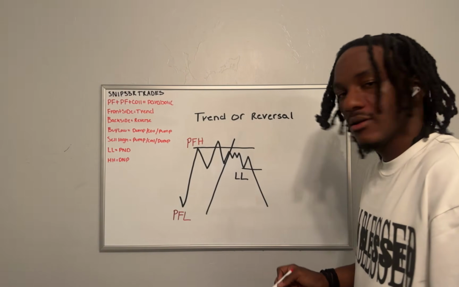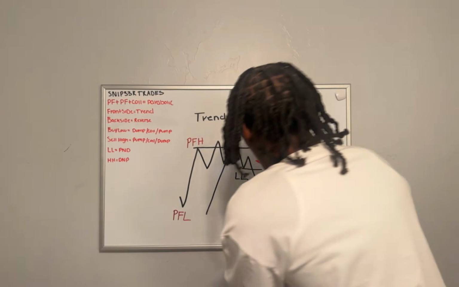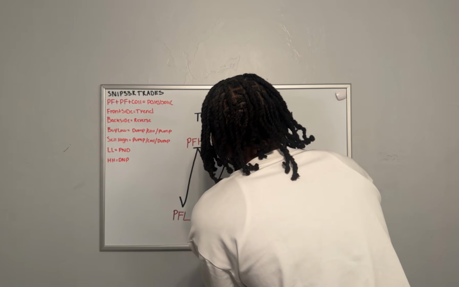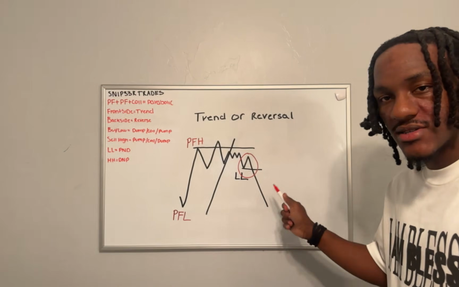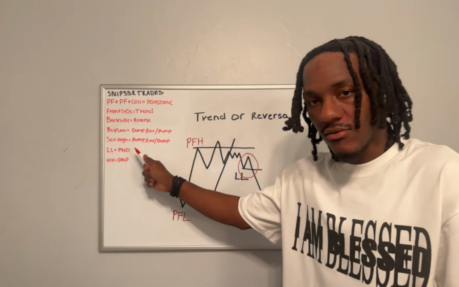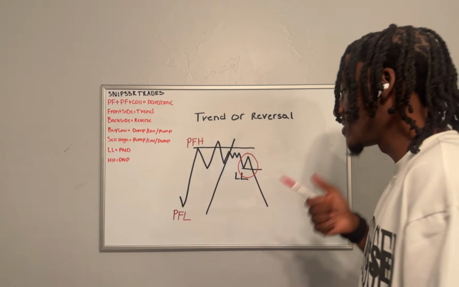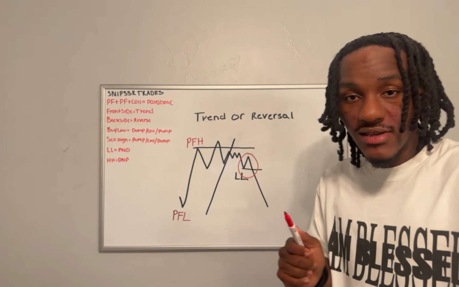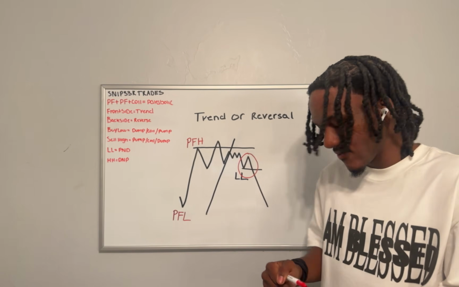Session three will be on the back side, and I am looking for the lower low. That is my criteria. I am looking for the lower low because that is the recipe for the pump and dump. So whether that was before the session or during the session, I need a lower low in order for me to trade this.